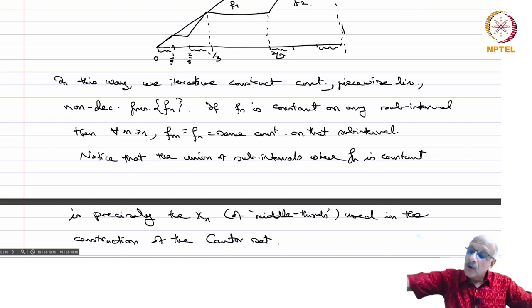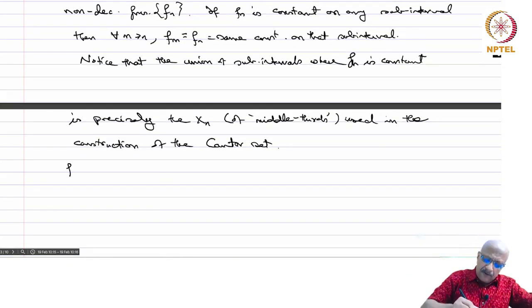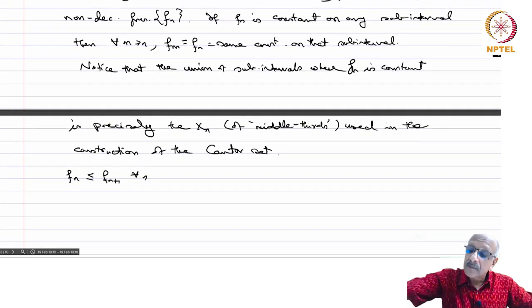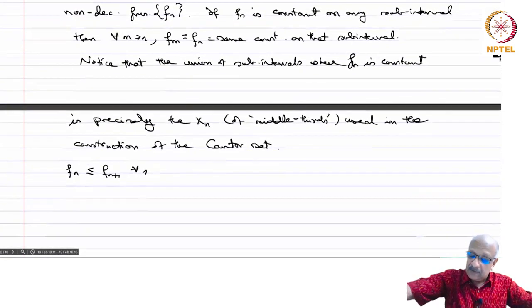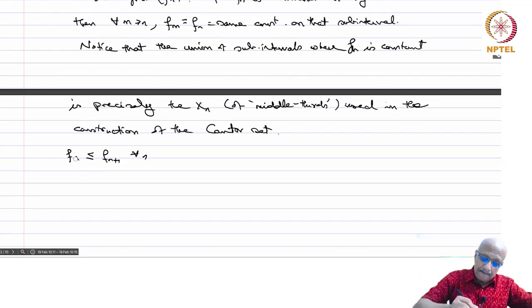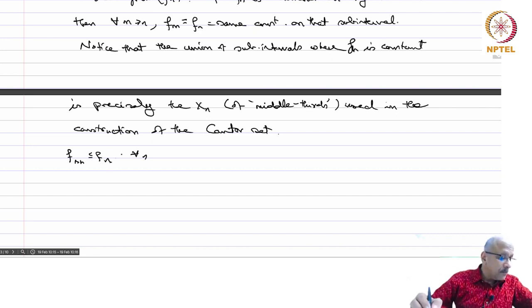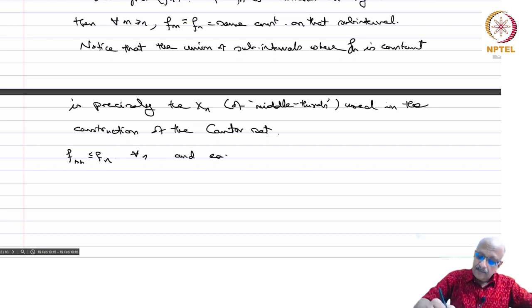Also fn is less than or equal to fn plus 1 for all n, because when you do this construction you will see that you are following, then you are falling below, and then you are climbing up. So each time the function is less than fn plus 1, and each fn is monotonic, non-decreasing.